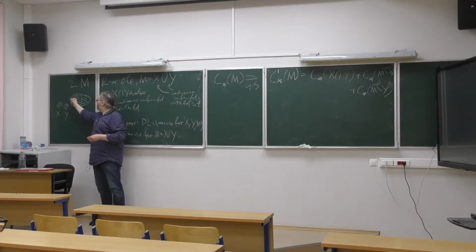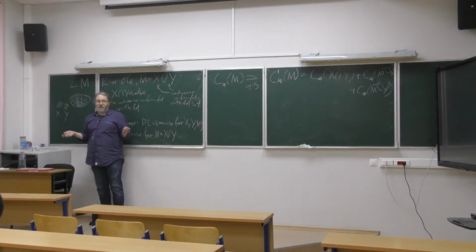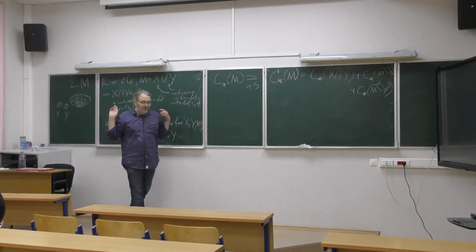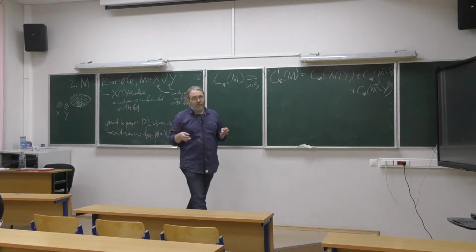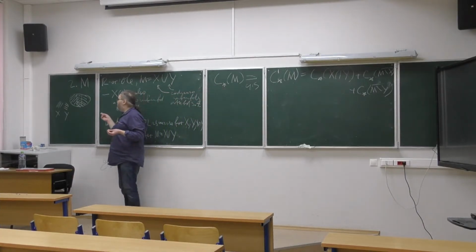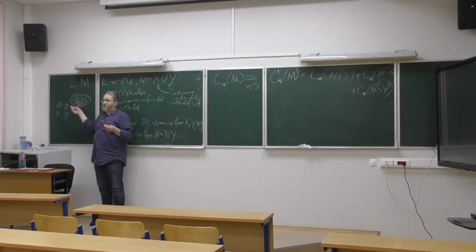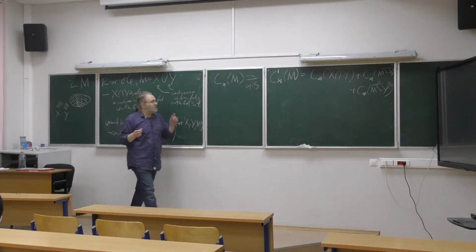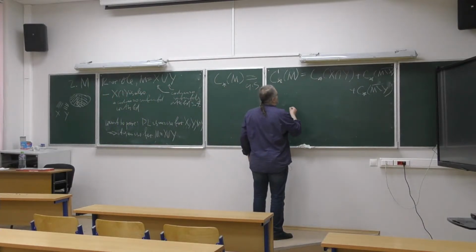It's X. Okay, I take away X, so the intersection will be the union of singular simplices which lie in this line segment. But what will this line segment be in general? Let me write this down.